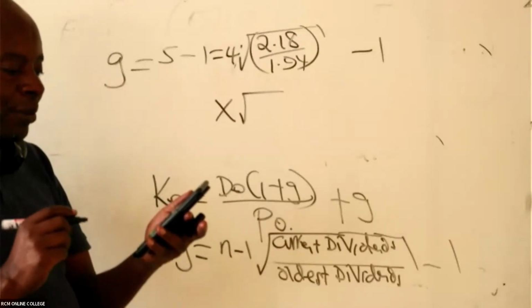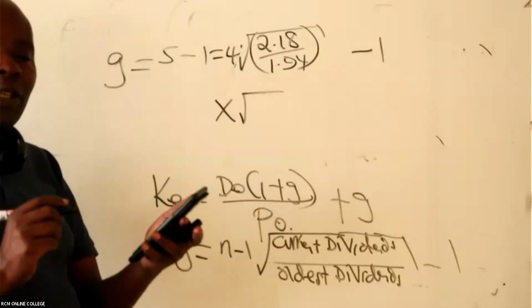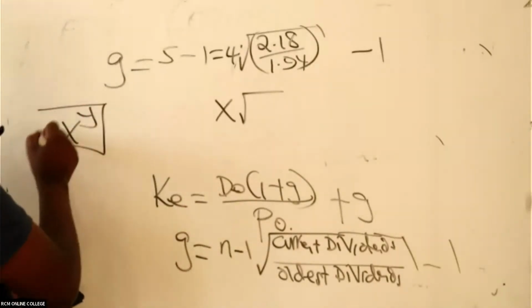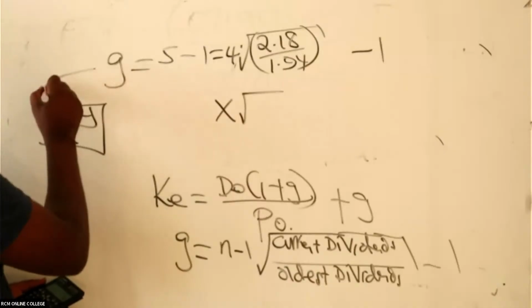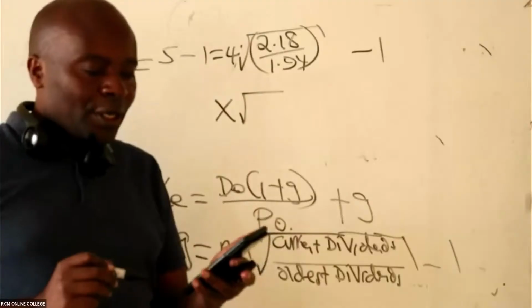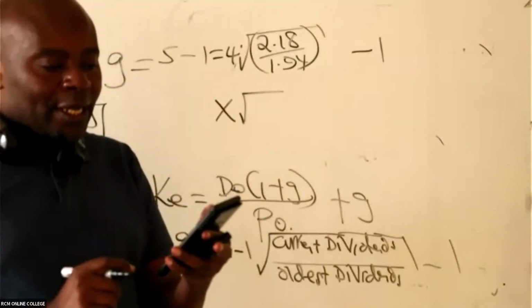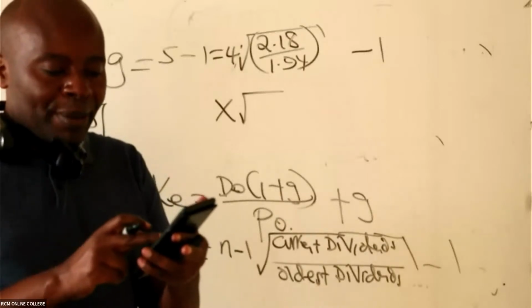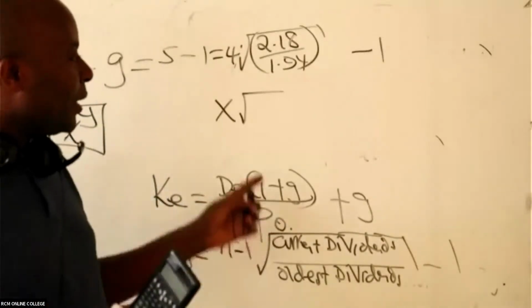Is there somebody who is able to see that x root? Normally, it will be where you are seeing x raised to y. The one that is up here will be having x root. So I'll punch 4 first. And then I say shift and press that button. Then I open brackets, because these are 2 numbers.